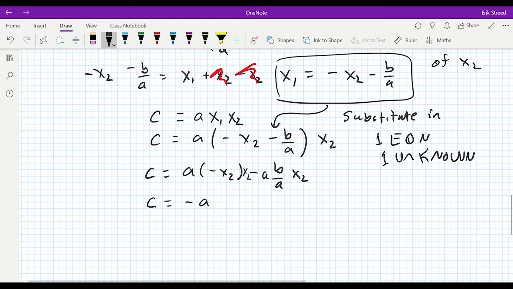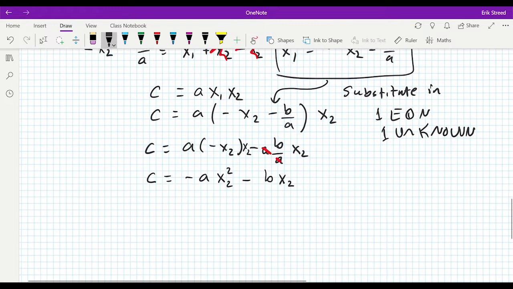Can't forget that other x2 or we're going to have some real troubles. A x2 squared minus the A and the A cancel. So now we've got minus b x2. And if we shuffle everything over, we get, oh my, what have we done? a x2 squared plus b x2 plus c is equal to 0. We are back where we started from.